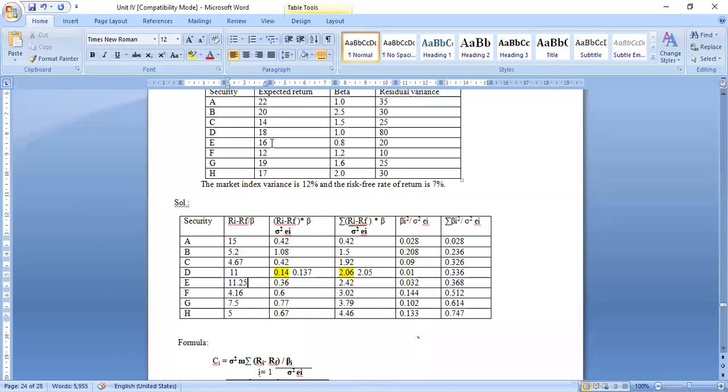Next, you're having security G, 19 minus 7 divided by 1.6, which will give you 7.5. And the last one is 17 minus 7 divided by 2.0, which will give you 5. So this is the first part of the calculation for Ri minus Rf divided by beta. Okay. So in this case, the second step is saying that you should do the ranking.